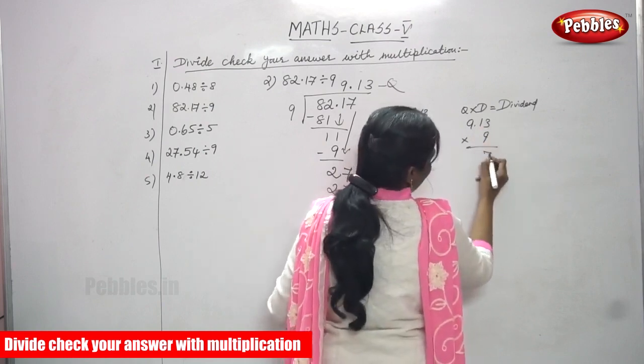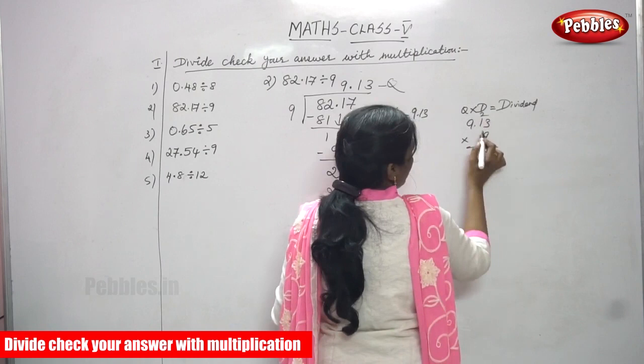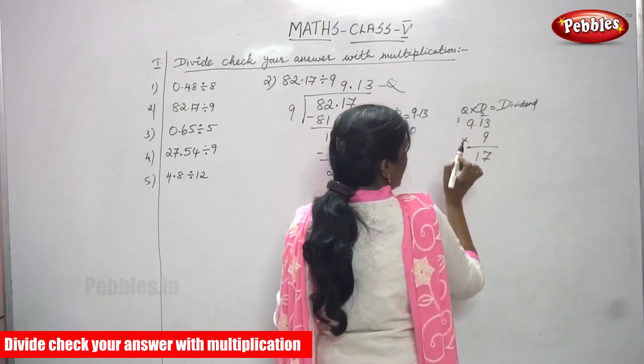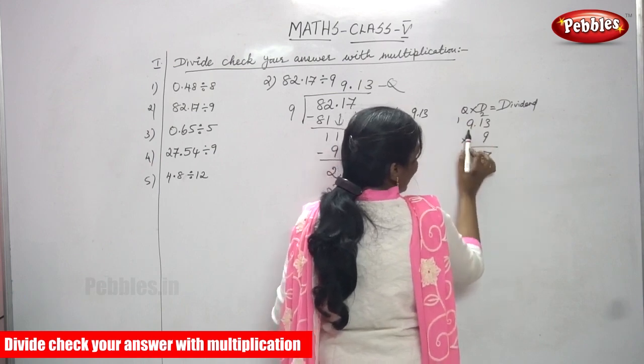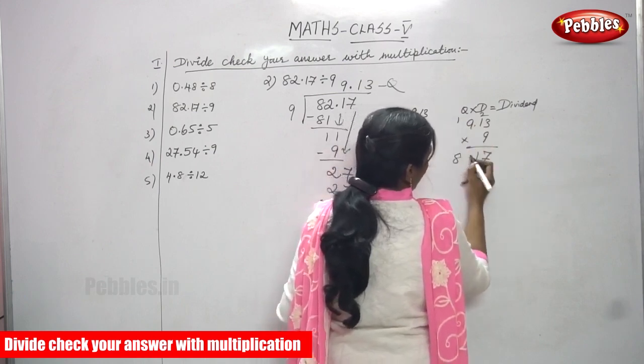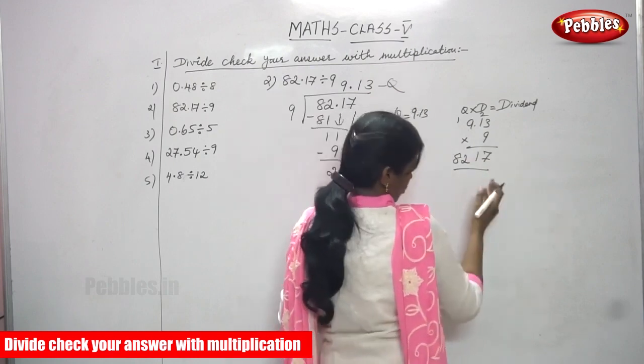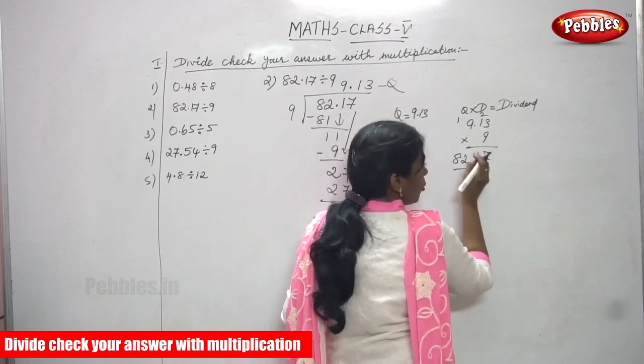So 9 3s are 27, carry 2, and 1 9s are 9, 9 plus 2, 11, carry over 1 goes to the whole number part. 9 into 9, 81, 81 plus 1, 82. After that you have to keep the point.